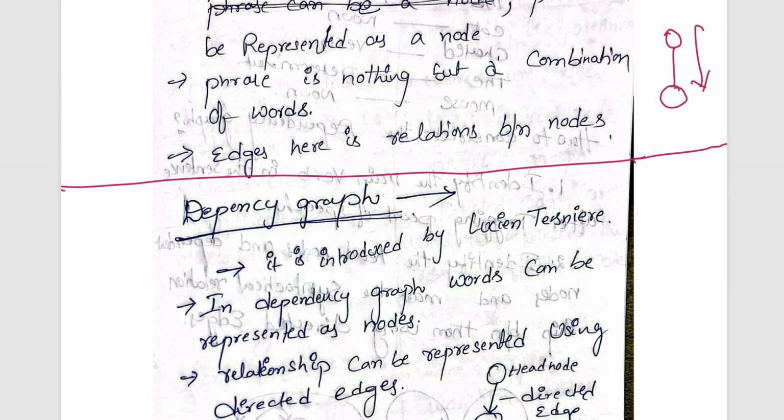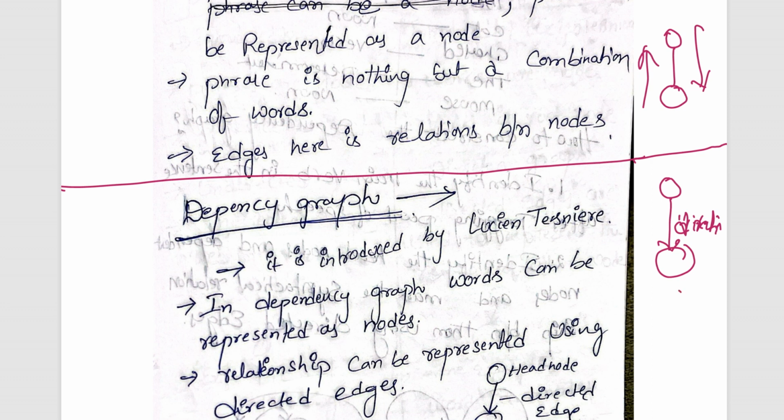Based on our representation we provide the directions, or without directions it will also be applicable. But in the dependency graph, we compulsorily need to show the directions. That's why we call it a directed representation graph.